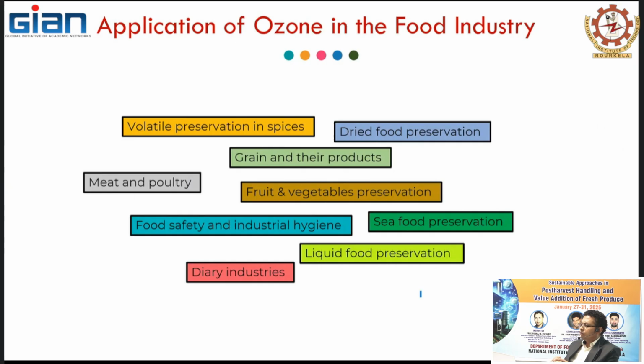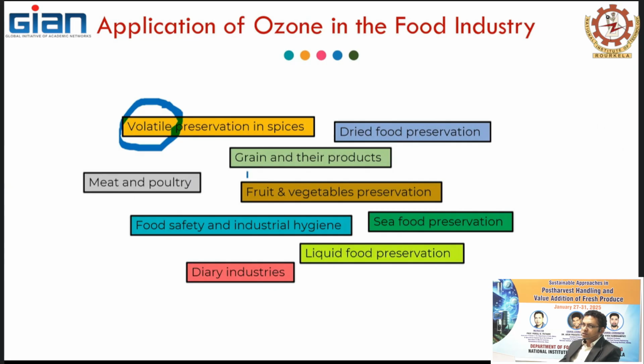Mostly in food applications, starting from spices up to the dairy industry, it is quite popular. For spices, the volatiles are quite important, and the volatile components are retained. It is used for dried food, grains, meat, poultry, seafood, even liquids like dairy. So its application is wide.